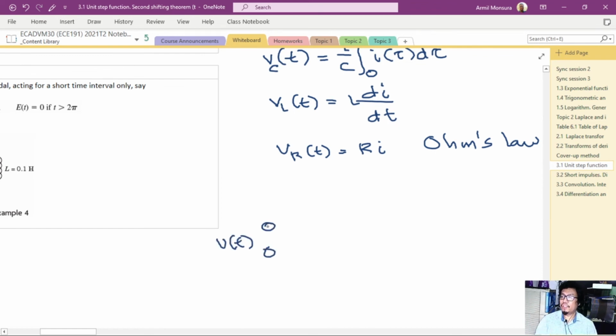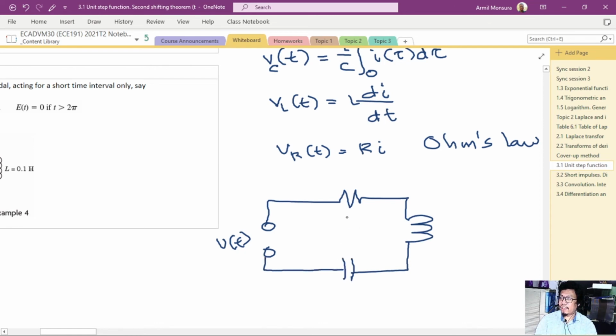Then you have a resistor, an inductor, and a capacitor. I'm talking about components, okay? So this is R, L, and C.